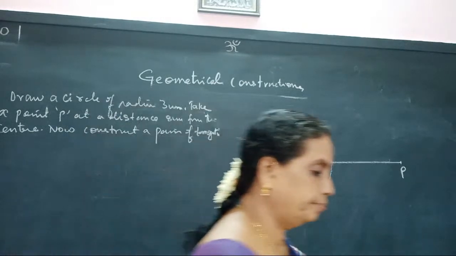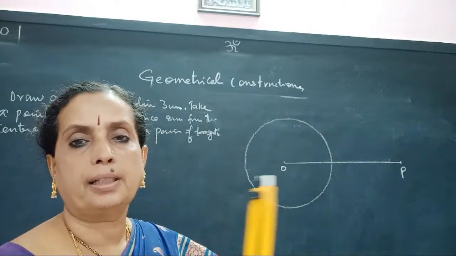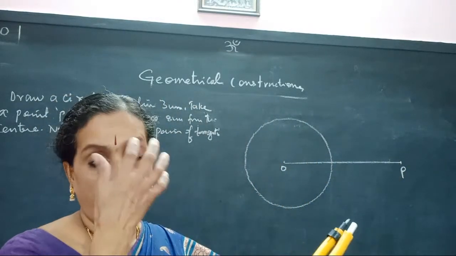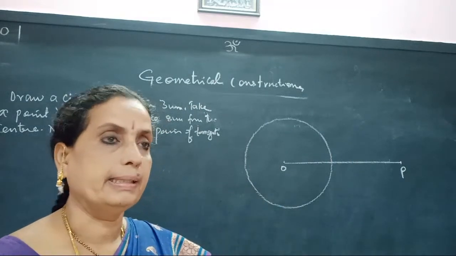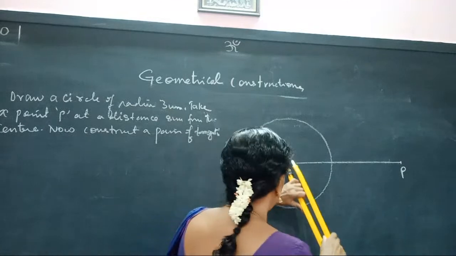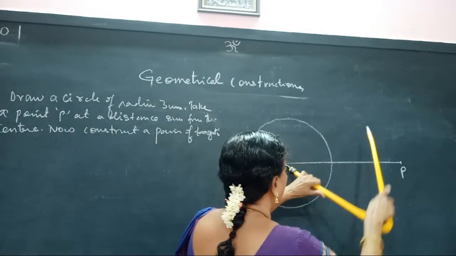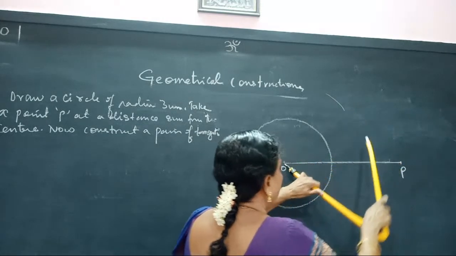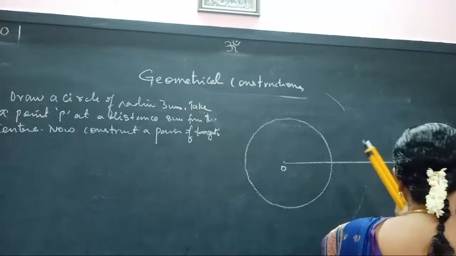Next, draw the perpendicular bisector to OP. You know, in 9th standard itself, construction of perpendicular bisector. How to construct a perpendicular bisector? Taking more than half, draw arcs on both the sides with the same radius.